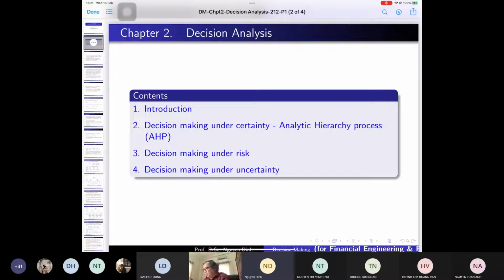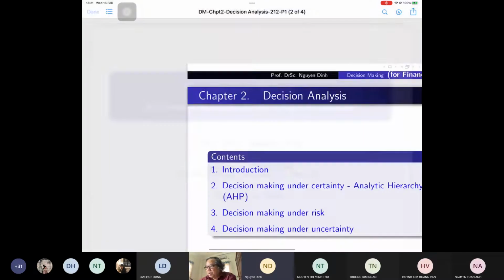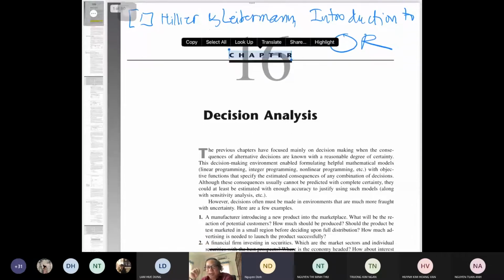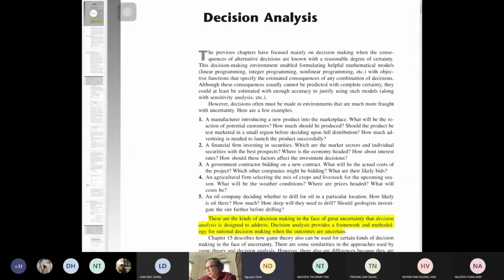Our course's first chapter is on decision making, decision analysis, and the material is here. The material is in book number 1, as I told you at the first class.